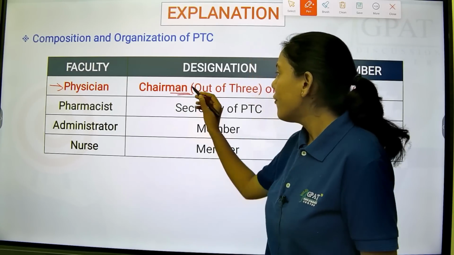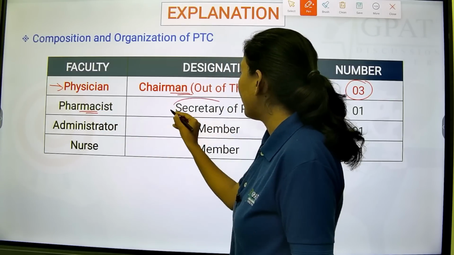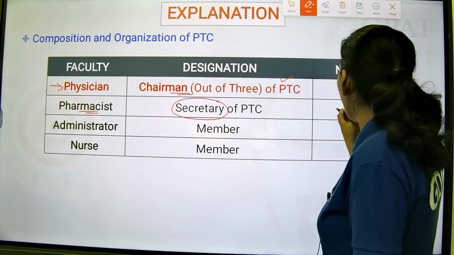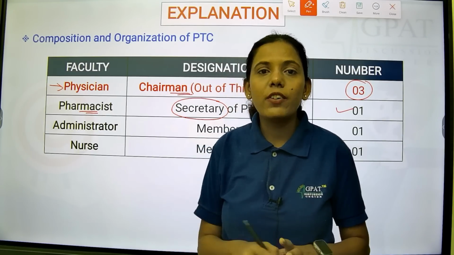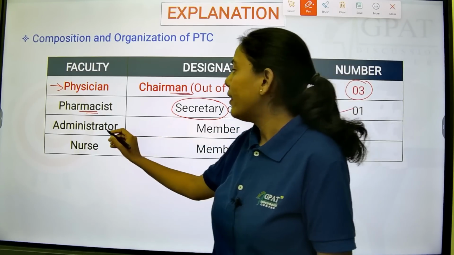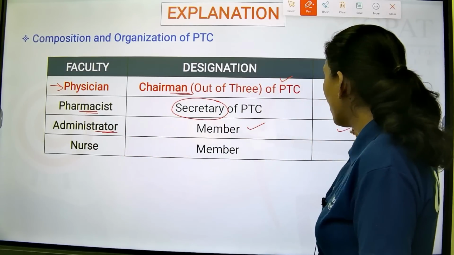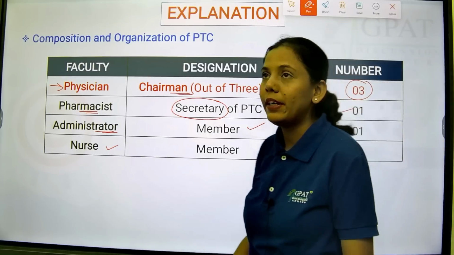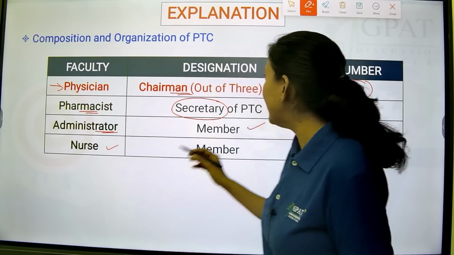A pharmacist will act as secretary of the PTC. One pharmacist will be there, acting as secretary. Next is administrator, who will be a member. So one administrator and one nurse act as members of the PTC. So this is the composition and organization of PTC.